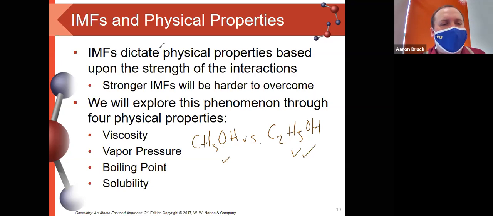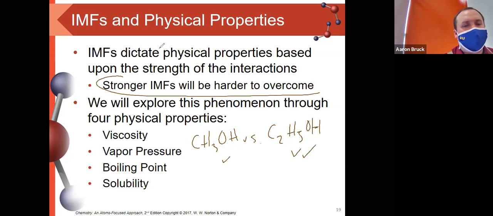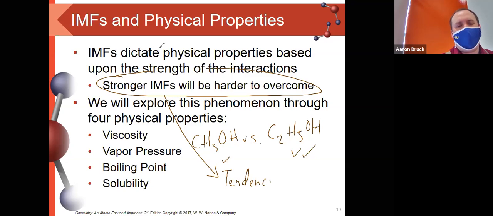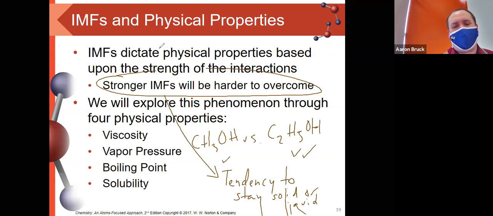The stronger the intermolecular forces are, the more difficult they are to overcome. What this tends to mean is this indicates a tendency to stay solid or liquid, especially liquid.